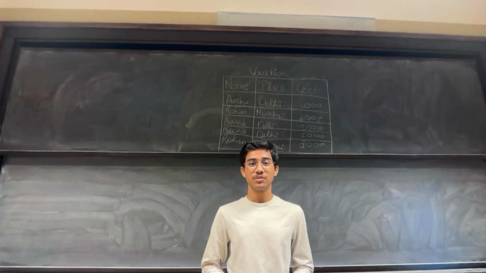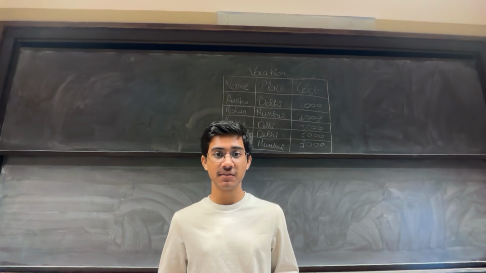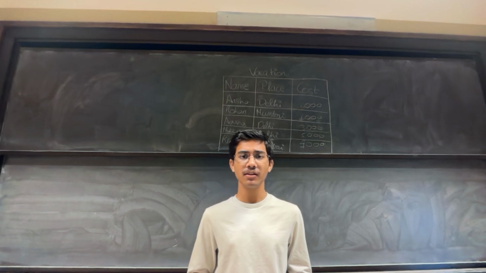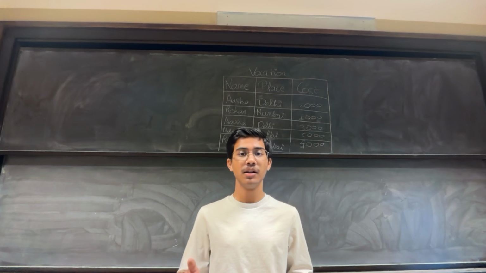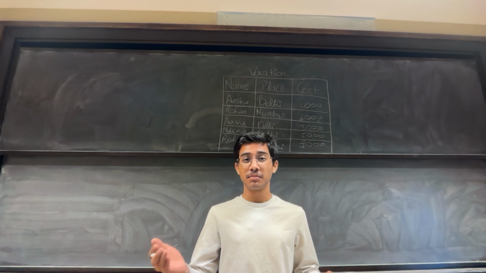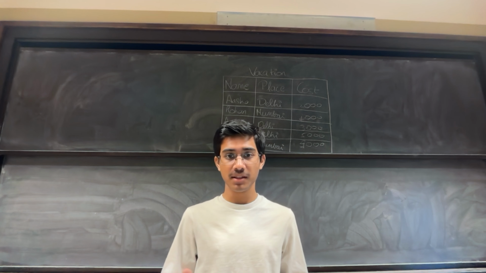In the last video, we saw how we can use aggregate functions to perform tasks on a particular table by using sum, count, max, min, average. And today, let's think of this. Let's say I have a table called vacation, and I have names of certain people, the places they went to, and how much it cost them.